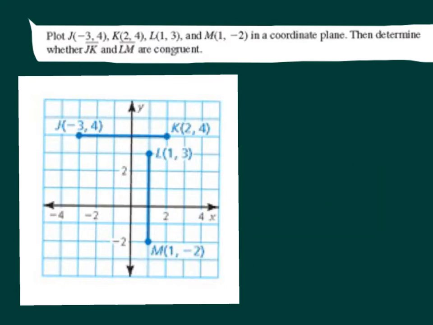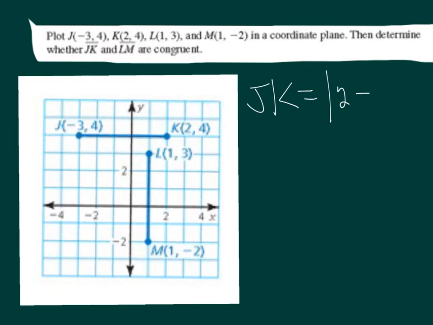We know that if I take a look at JK, now remember what I talked about for absolute value. I can just take the x values for JK and say, what is the x value here? X value is 2. And remember, to find distance, you want to subtract.